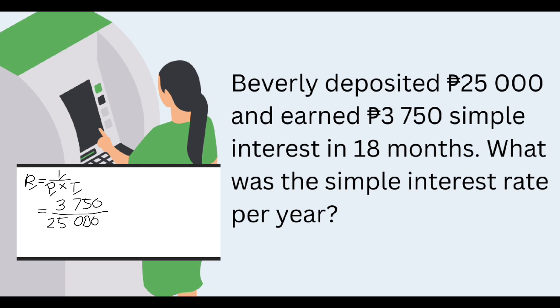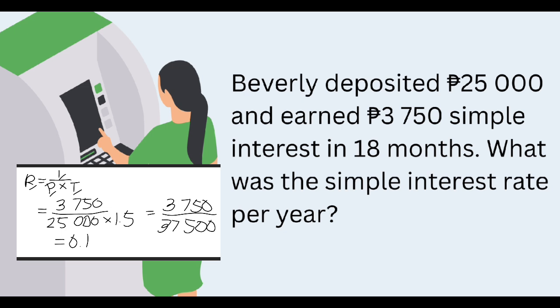And we will multiply it to the time, which is the 1.5. 3,750 pesos divided by 25,000 times 1.5 is 37,500. 3,750 divided by 37,500 is 0.1. So since we are looking for the rate, we will convert this decimal point into rate.